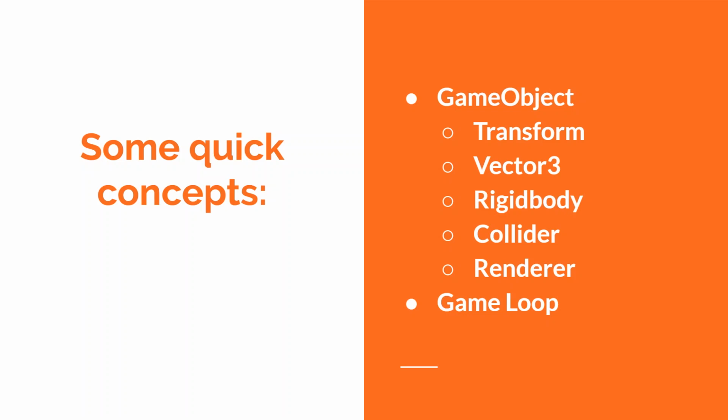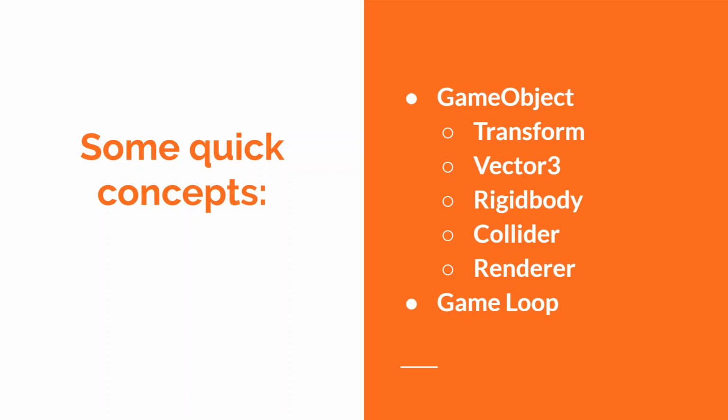At the very least, it's going to have something called a transform. A transform is simply the position in space, so the XYZ coordinate. Its rotation, also expressed in XYZ, like the rotation on that axis. And the scale on that axis, so you can resize things and all sorts of stuff. And that's a component on a game object.